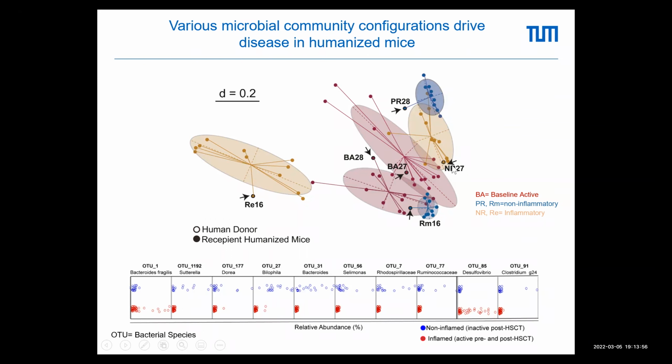As I told you, the first conclusion is that mice always reflect the community composition of the human donor. The donor is always closer to the respective mice.